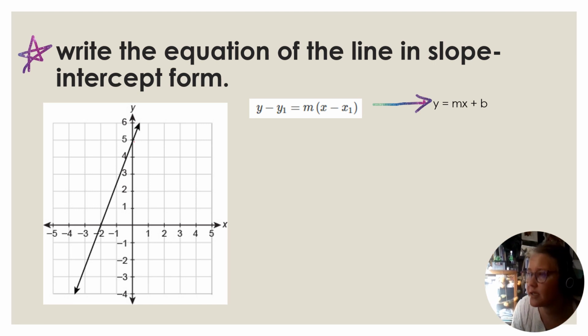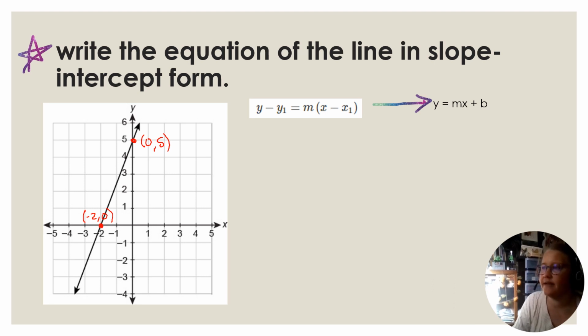And I see some really nice easy ordered pairs lying at our y-intercept, which is at 0, 5, and our x-intercept down here at -2, 0. Nice points. Let's look at these two in reference to which one we're going to choose in our formula.